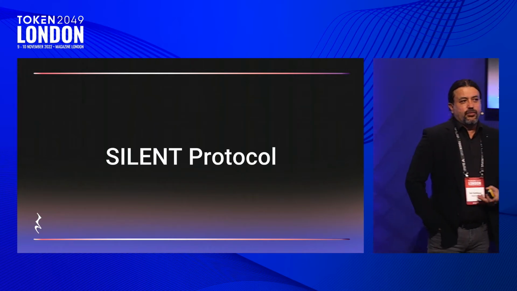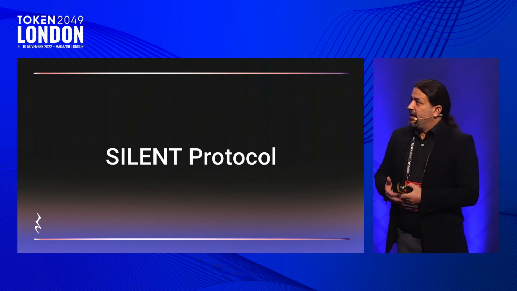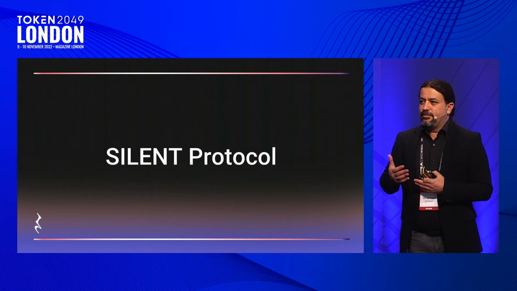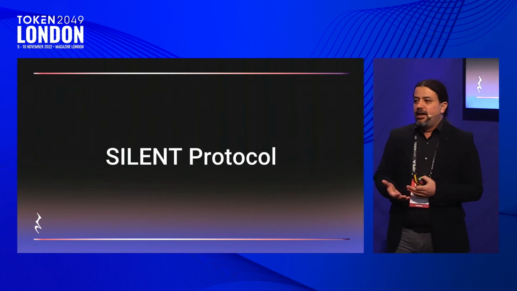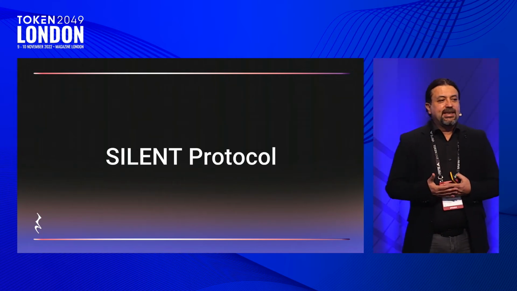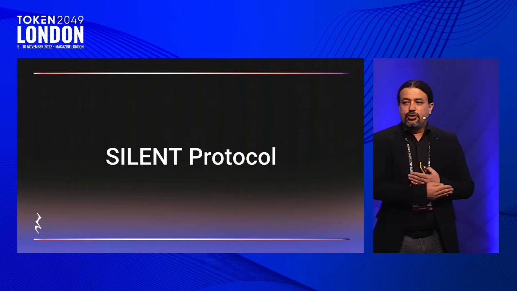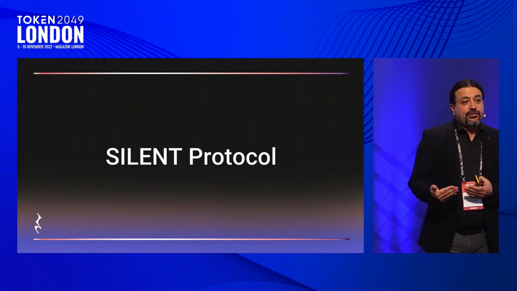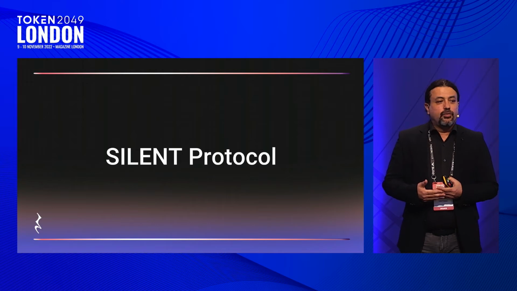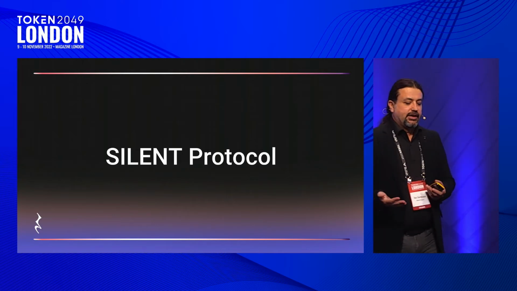To do this, we are aiming to make Silent Protocol as user-friendly and as simple as possible, and to provide the normal user workflow and interaction flow without changing anything.